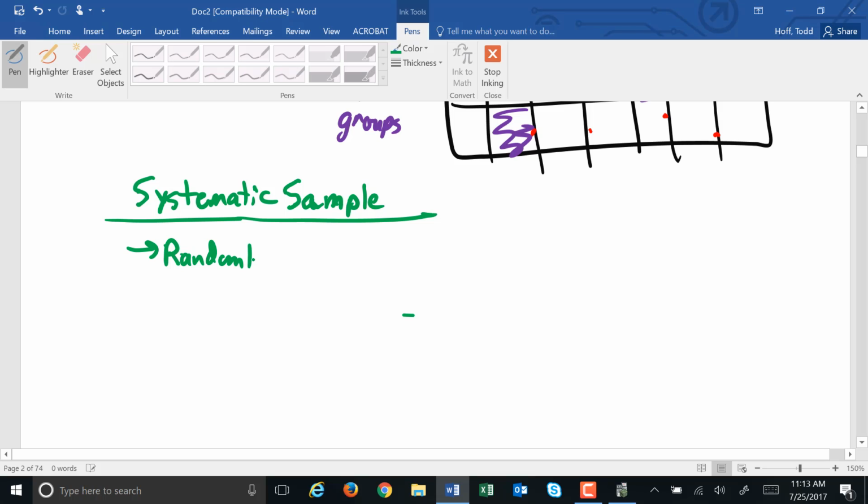You randomly select a starting point. Then the system does the rest.